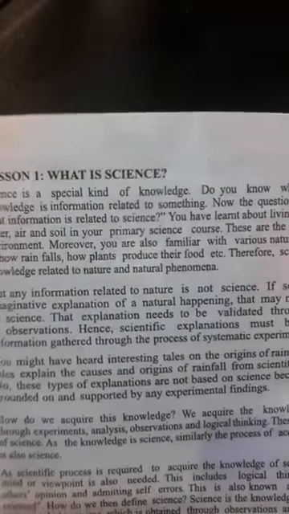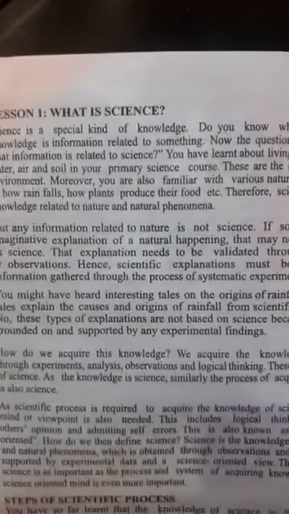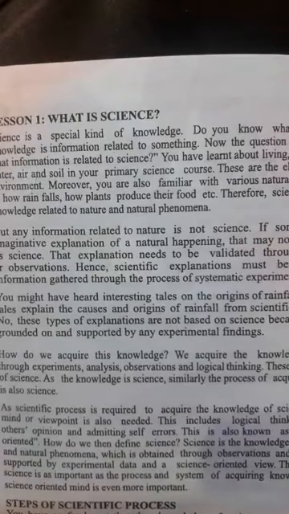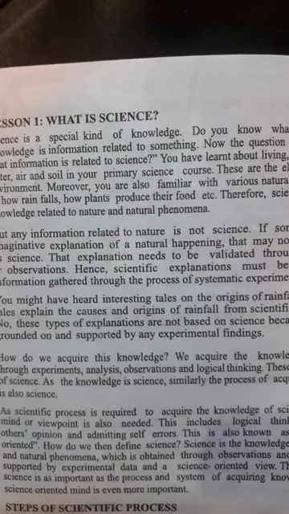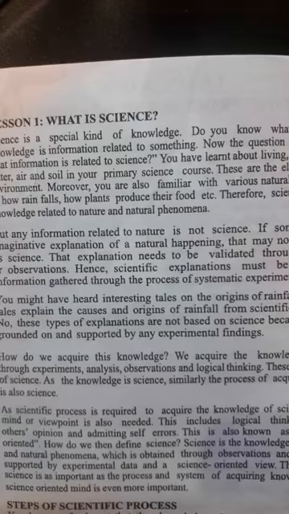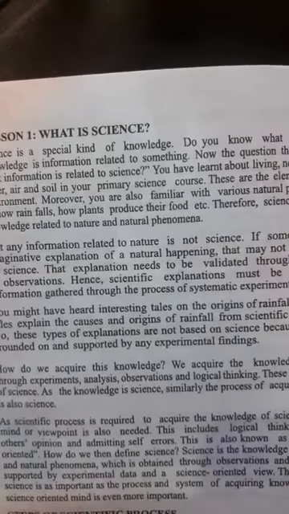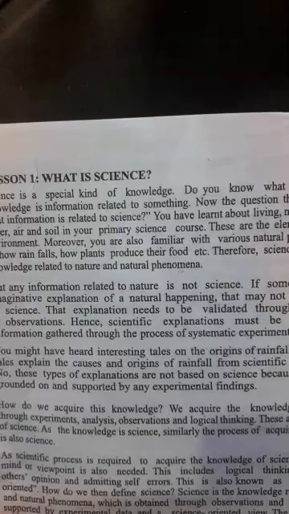Lesson 1. What is science? Science is a special kind of knowledge. Do you know what knowledge is? Knowledge is information related to something. Now the question that may arise is, what information is related to science?